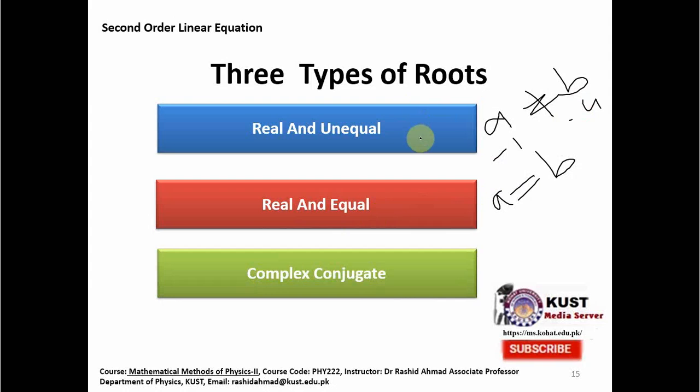Since we have already treated the first case, now I am going to show you how we can still solve the second order linear differential equation in the second case, real and equal roots, and similarly for the complex conjugate case.